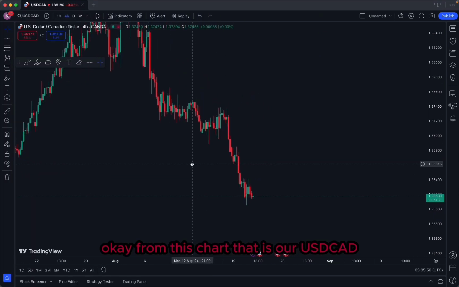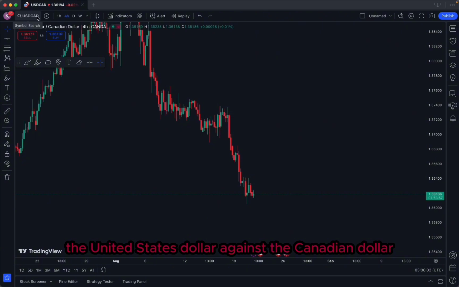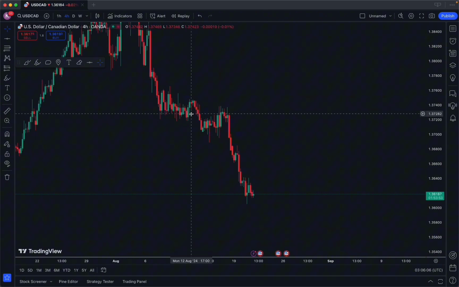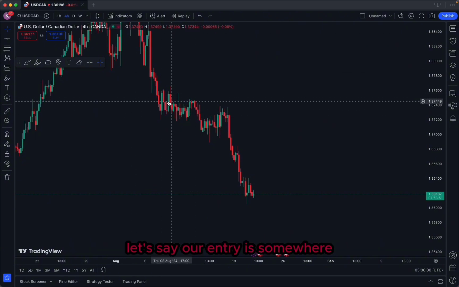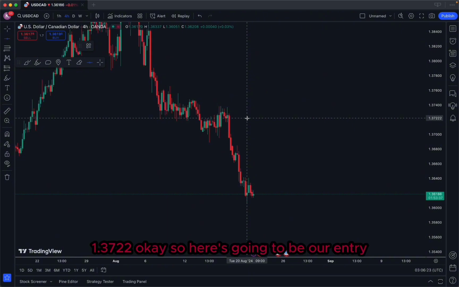From this chart, that is our USD CAD, which means the United States dollar against the Canadian dollar. Let's say our entry is going to be somewhere here, 1.3722.